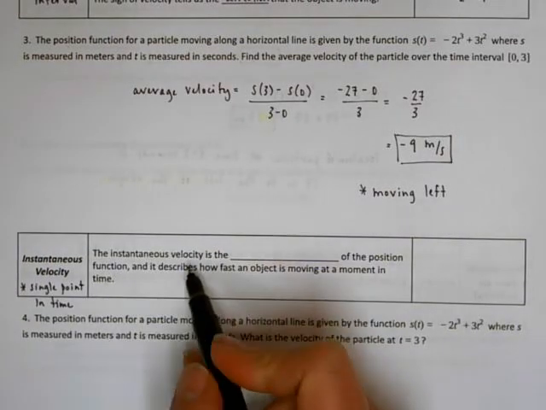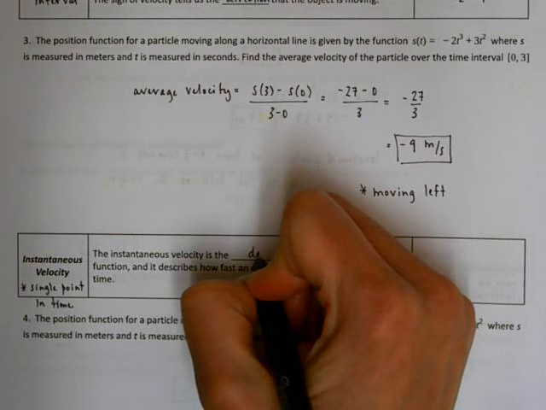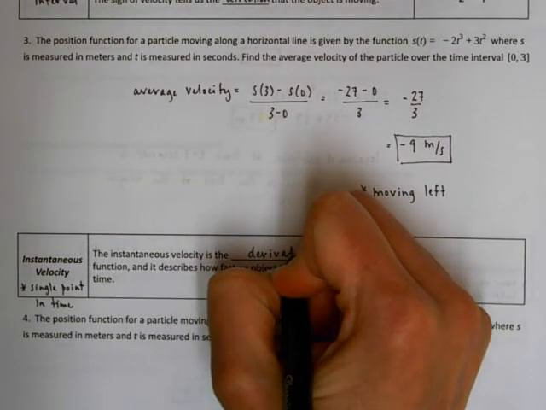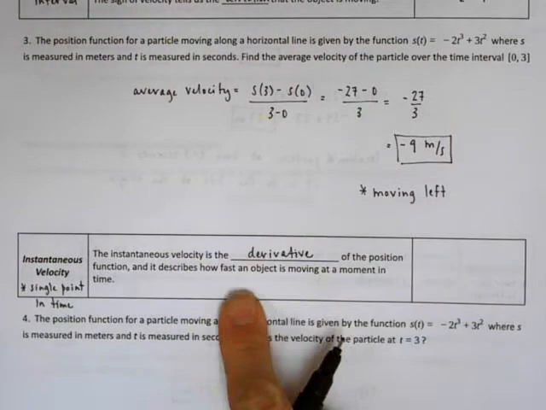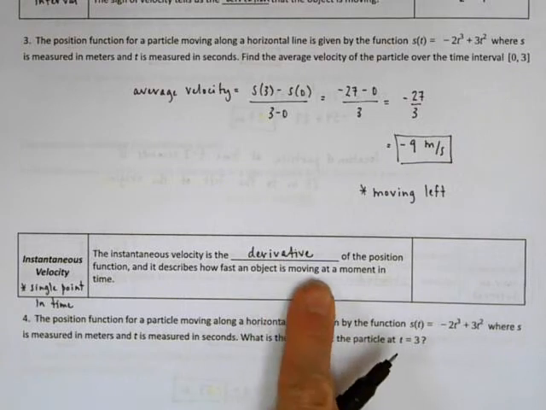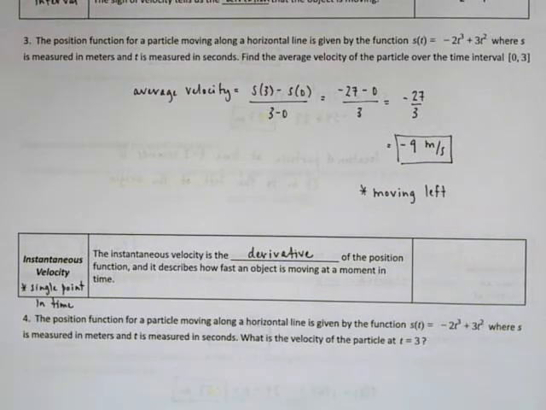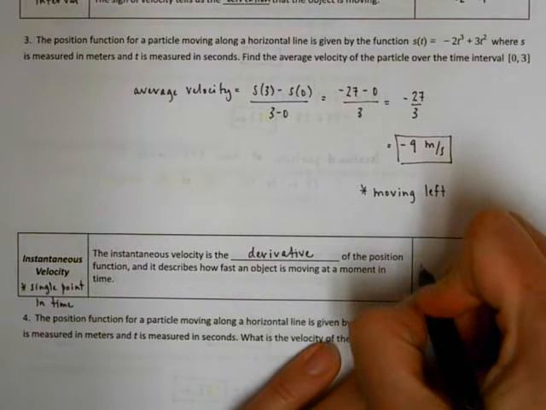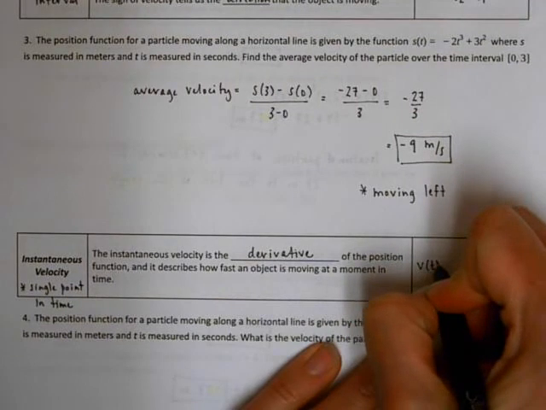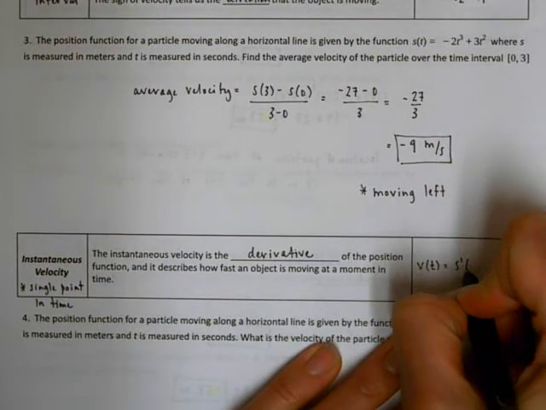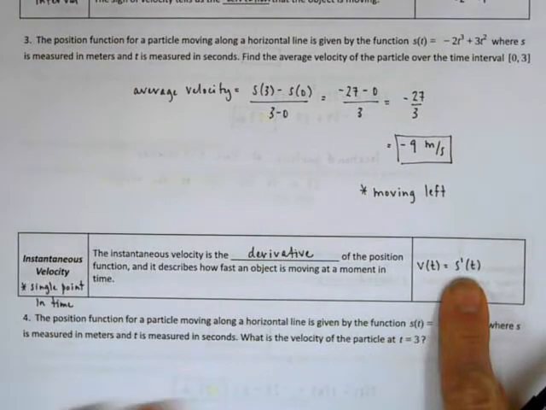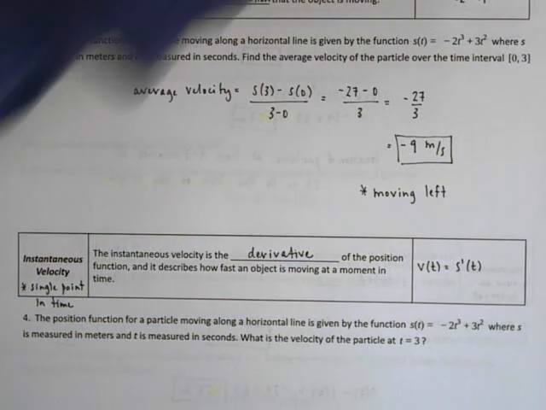So the instantaneous velocity is the derivative of the position function. And it's going to tell us how fast an object is moving, again, at a moment in time. And for notation, we use v of t, and we know that's just equal to s prime of t. Velocity is the derivative of position.